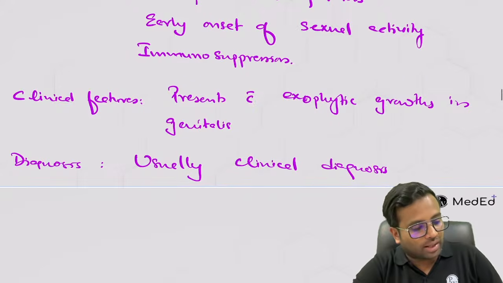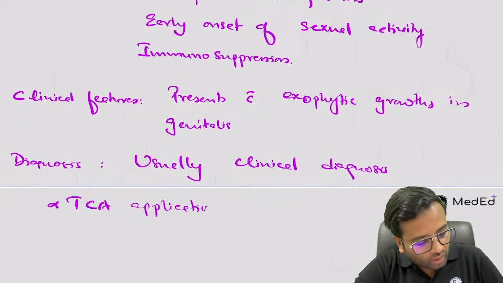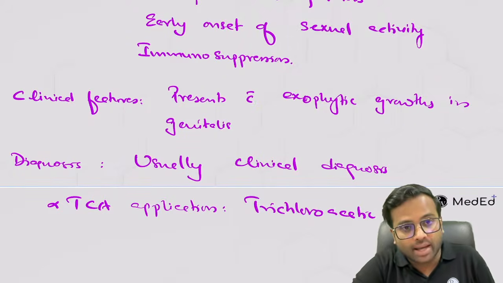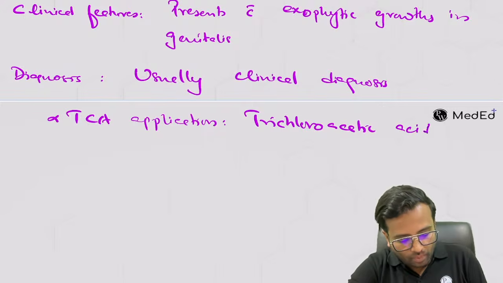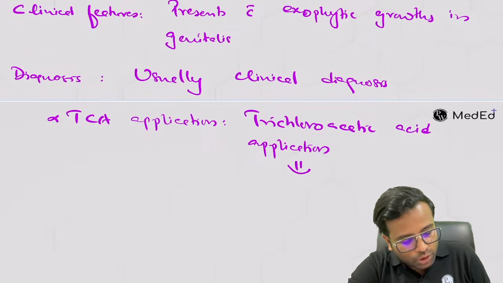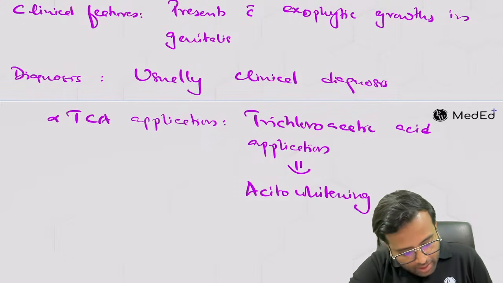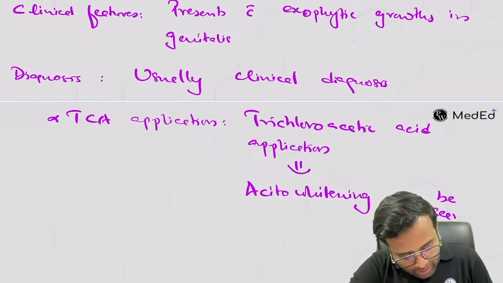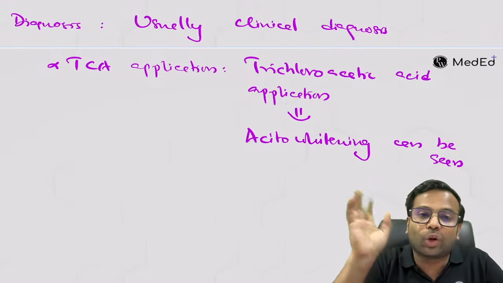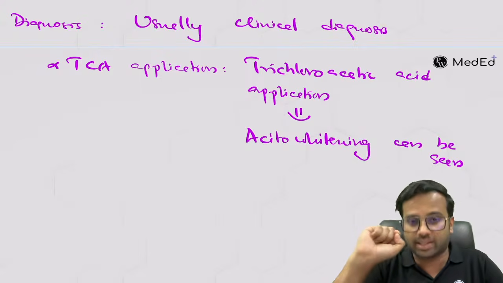So we can also write TCA application, that is trichloroacetic acid application, this will show acetowhitening. So what happened? The genital warts may turn white in color when you apply trichloroacetic acid. This test is called TCA testing.